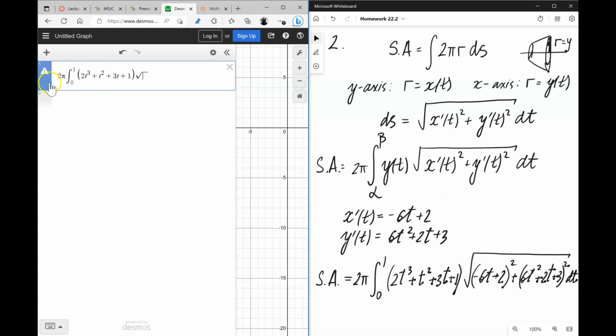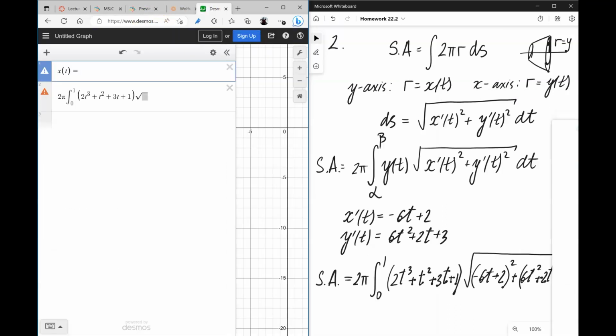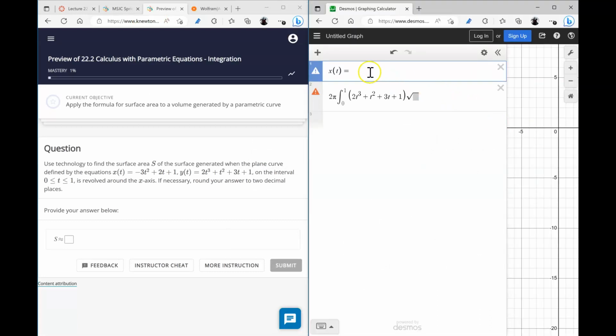And here I'm tempted to use technology to its fullest potential, and why don't we define x of t to be what it is, right? So x of t is negative 3t squared, actually, I don't know, 2t squared plus 2t plus 1.